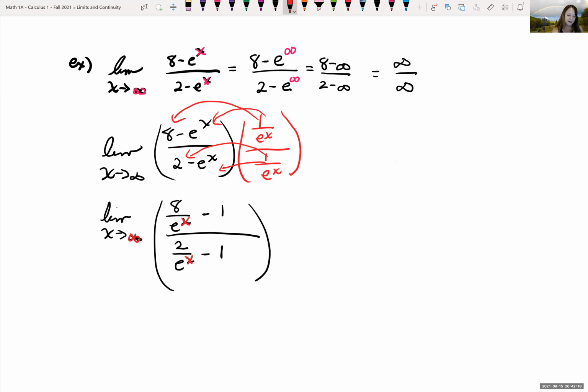So we get 8 over infinity, which goes to 0. In the numerator, we have 0 minus 1, all over, same reasoning, 2 over e to the x. As x goes to infinity, that piece goes to 0, and we have the minus 1. So this is going to 1 as x goes to positive infinity.